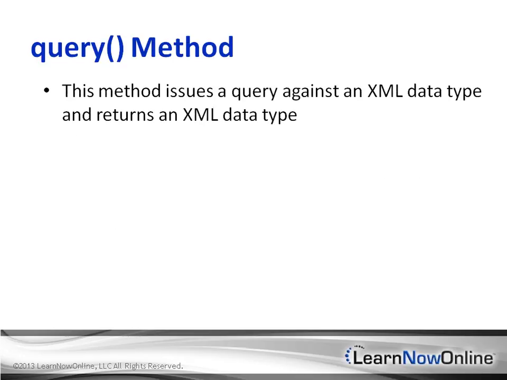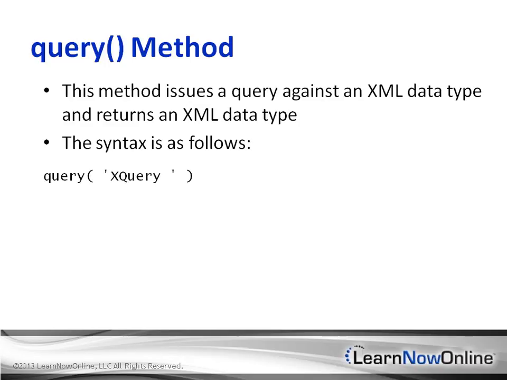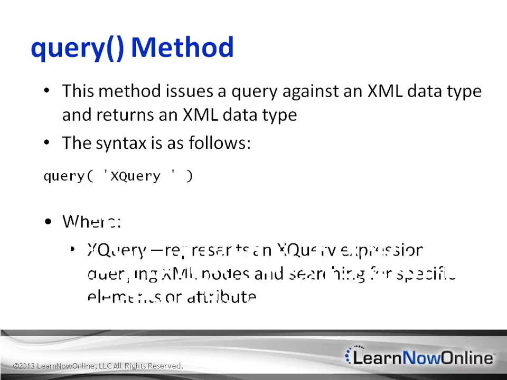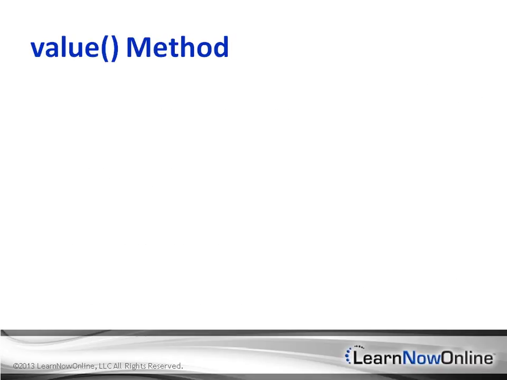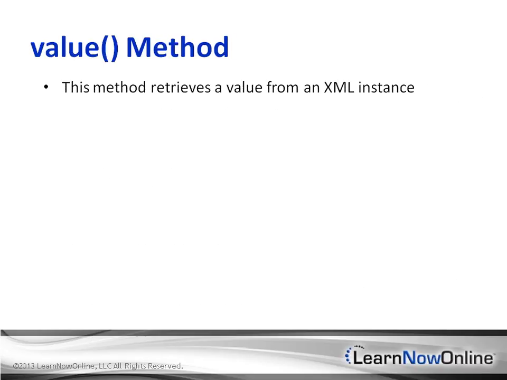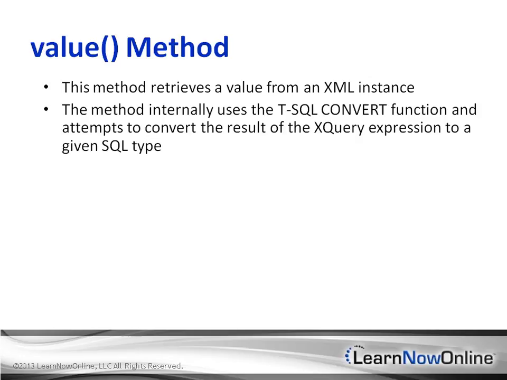You'd use a query method to issue a query against the XML data type. The syntax is as follows, where XQuery represents the expression for querying the XML nodes. The value method will retrieve the value from the XML instance. Internally, it'll use the T-SQL convert function and try to convert the result of that expression to a given SQL type.